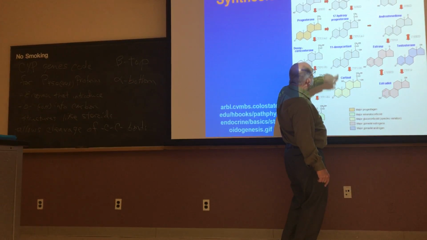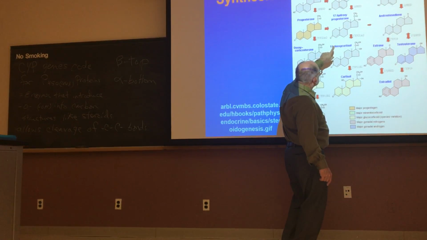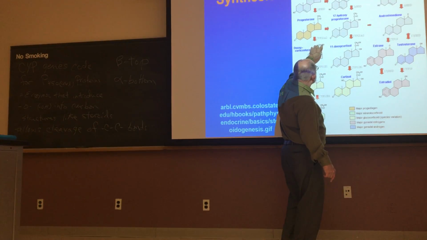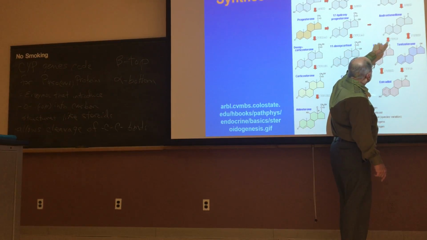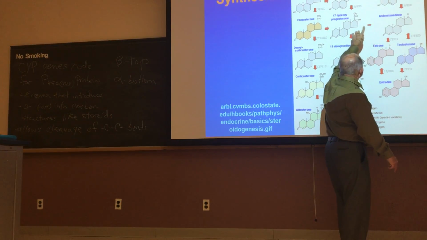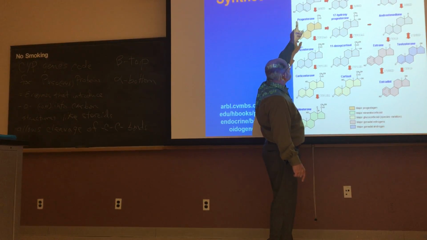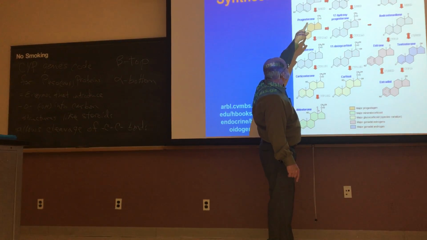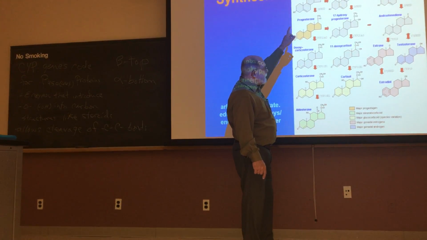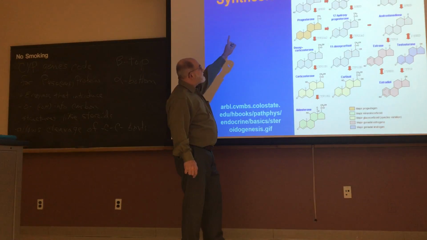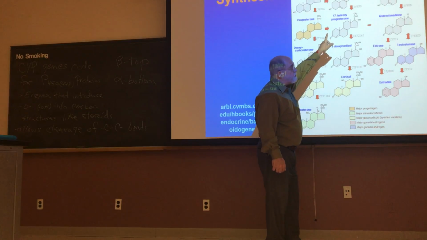Let me make sure I get the right one. 17. Okay. I cannot go backward from pregnenolone, for instance, to cholesterol, because that step is actually supported by the C20,22 lyase, which is also a member of this CYP family of genes.